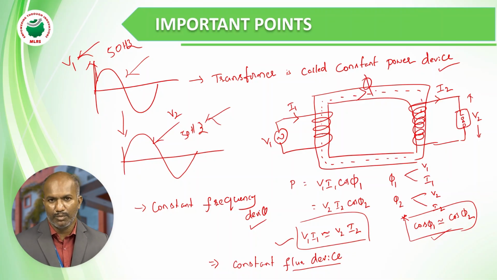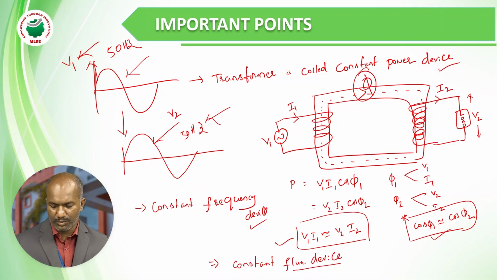Let that flux be phi Weber per meter square. This flux is independent of load. When the secondary winding is not connected to load, or when it is connected to load, this flux is always maintained constant in the transformer core. That is the meaning of constant flux device.